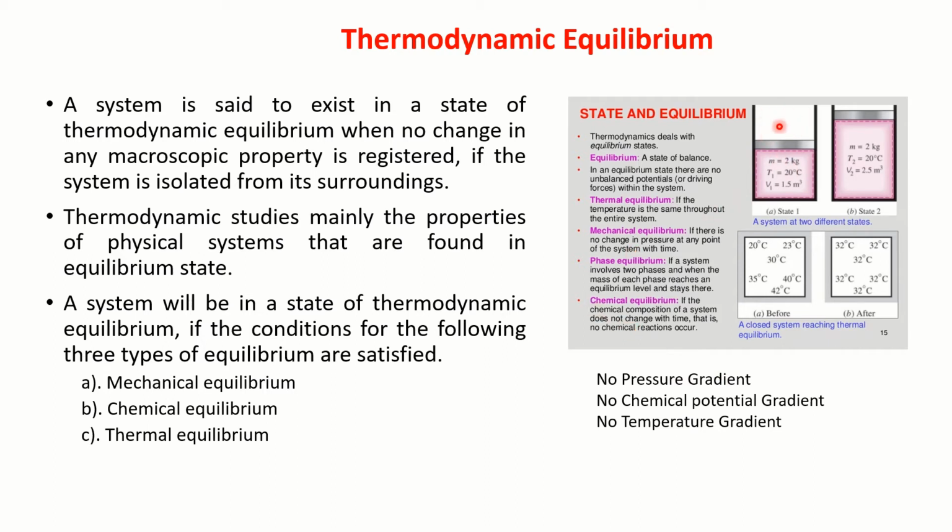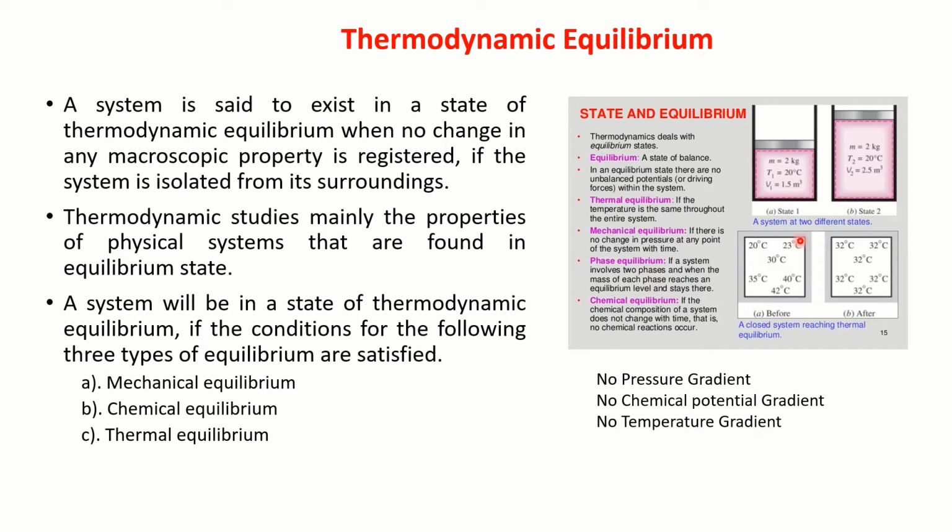The temperature here, both are the same, let us say. If they are different, what will happen? Something will flow from here to here. So if there is no temperature difference between the system and its surroundings, then we say the system is in thermal equilibrium. There should not be any temperature gradient.